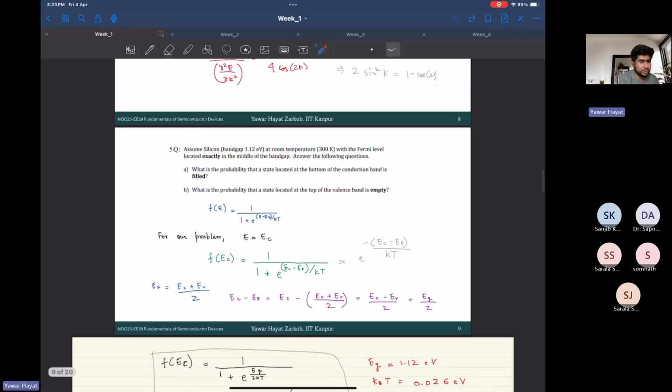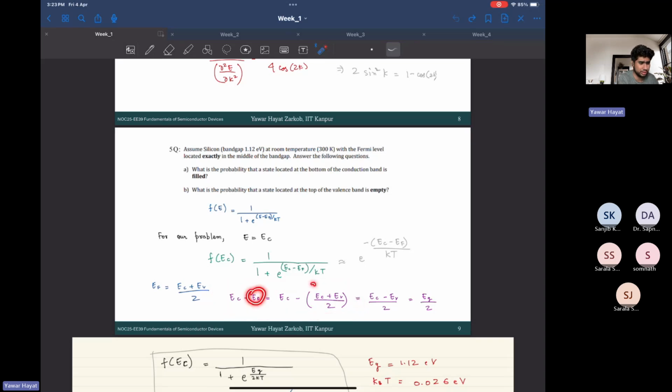Also note that your Fermi level was located in the middle of the band gap. So I can write EF equal to (EC plus EV) by 2. From this I can write EC minus EF equal to EC minus (EC plus EV) by 2.